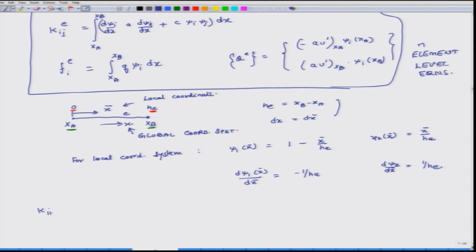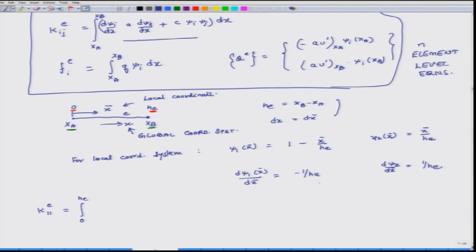So, let us calculate K11 for the eth element, and I will use the local coordinate system to calculate it. My limits will be 0 when it is x a, and when it is x b, x bar is h e. In this relation I replace i with 1 and j with 1 to calculate K11.